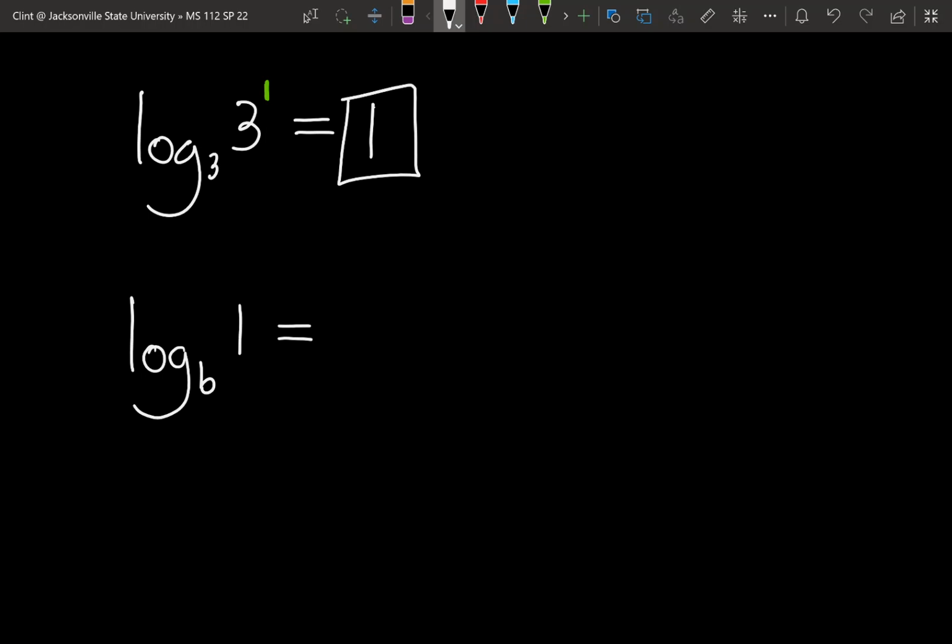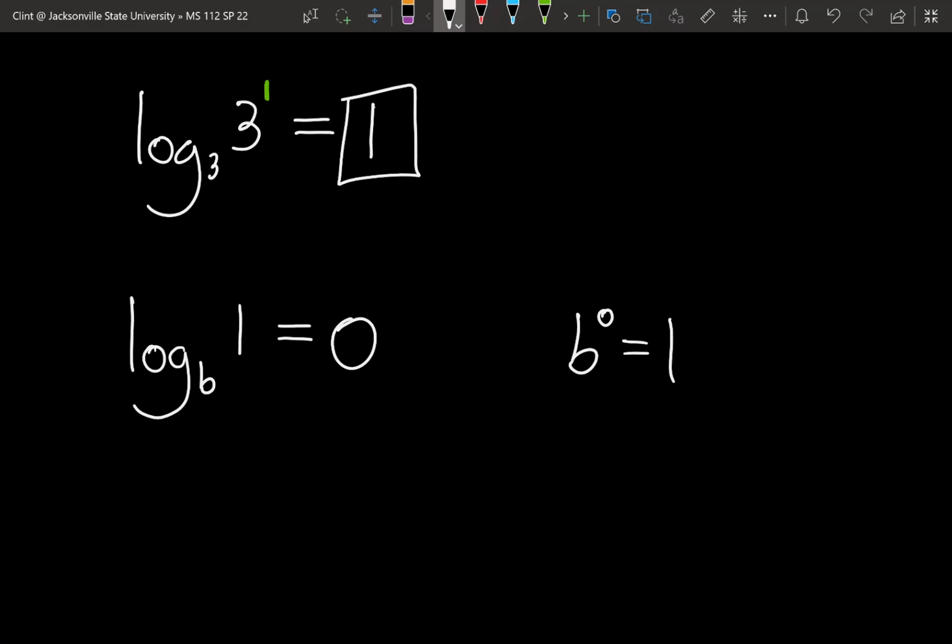What power do we raise something to get 1? So 5 to what power will give us 1, or 17 to what power will give us 1? 0. Okay. So in exponential form, that's saying b to the 0th power equals 1.